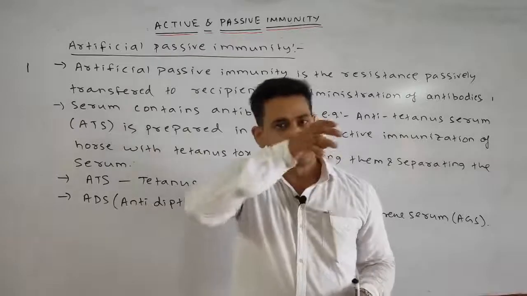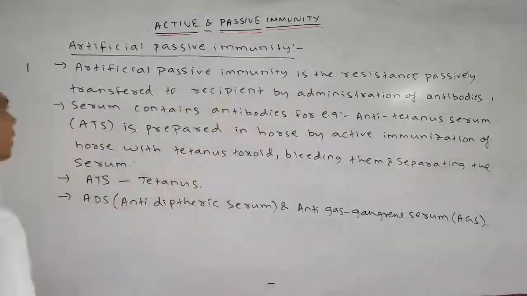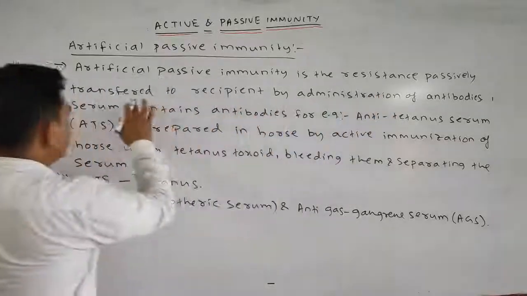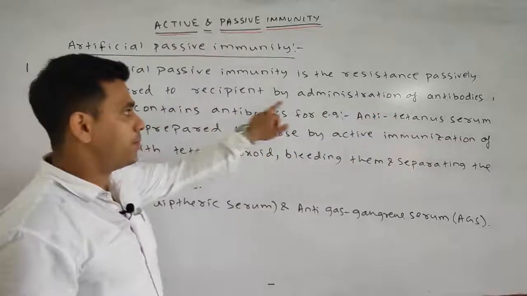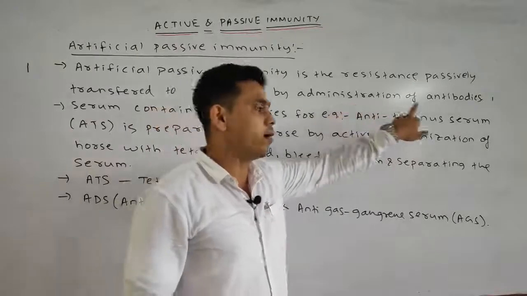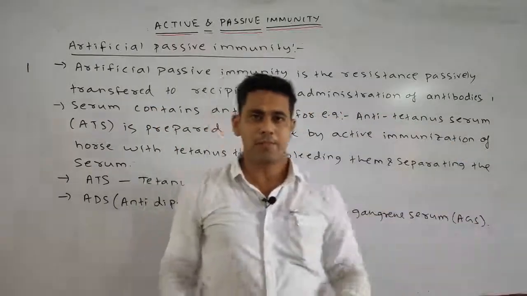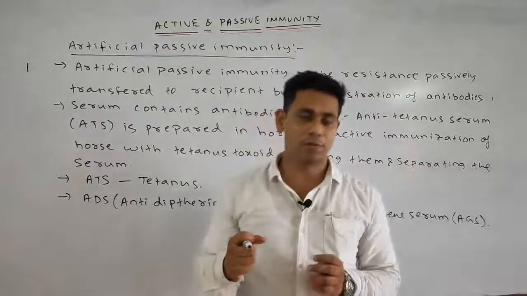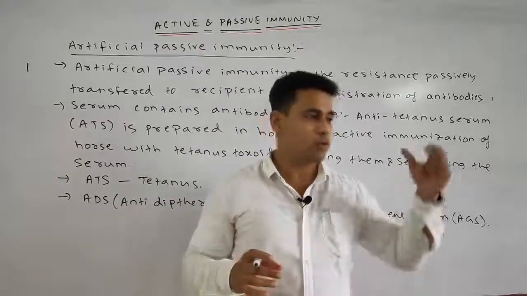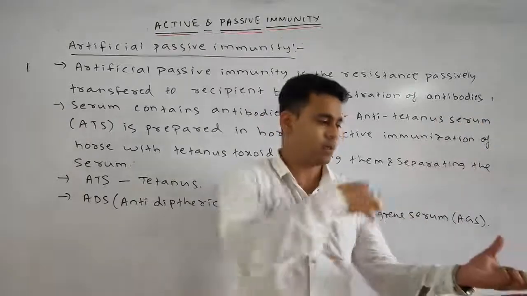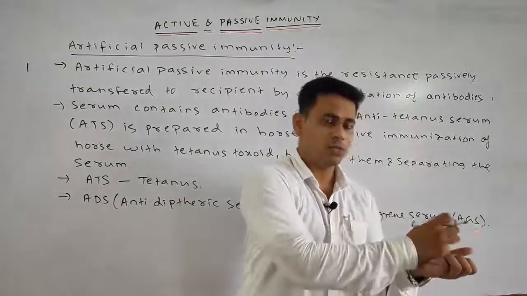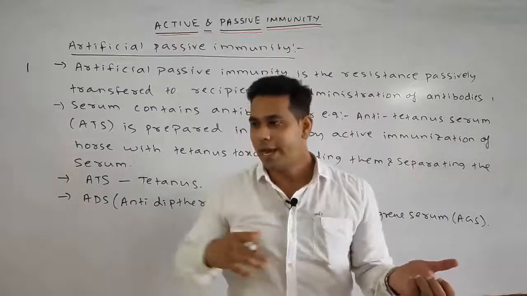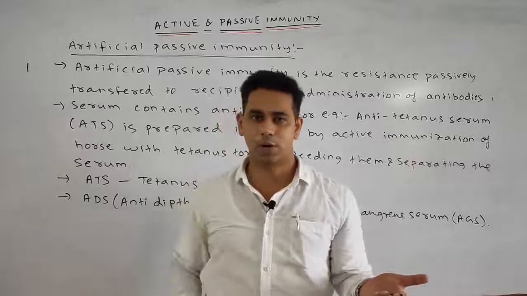So, first point: artificial passive immunity is the resistance passively transferred to a recipient by administration, or applying, of antibodies. It means one recipient receives an antibody that was formed passively, that is, another organism's antibody is formed, and from that organism's serum we take out the antibody and introduce it into the recipient's body.